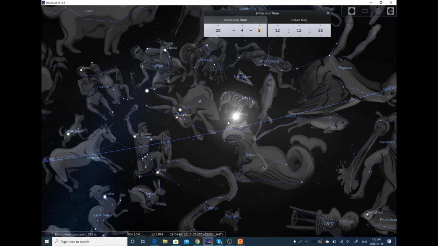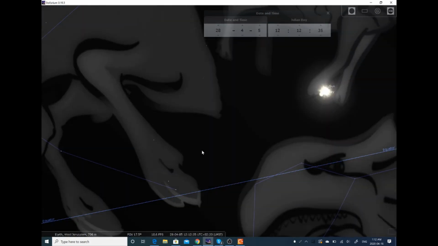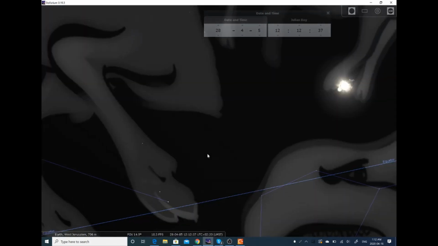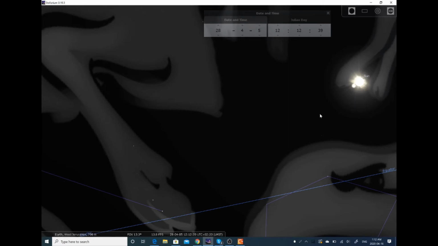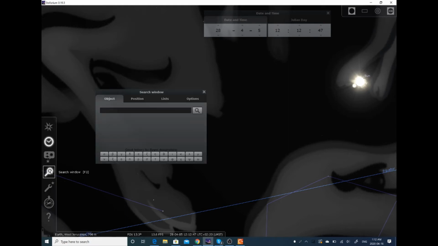And what are we seeing here? Well, what you might not realize is that Mercury is blocking some of the sun's light from 6 to 8. And we're going to put the sun in full view.